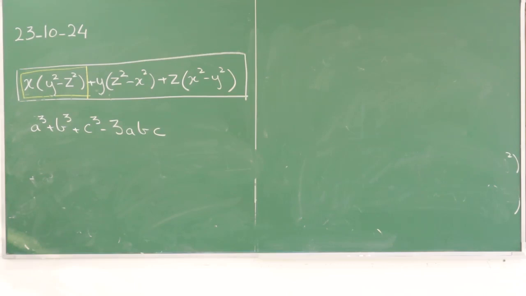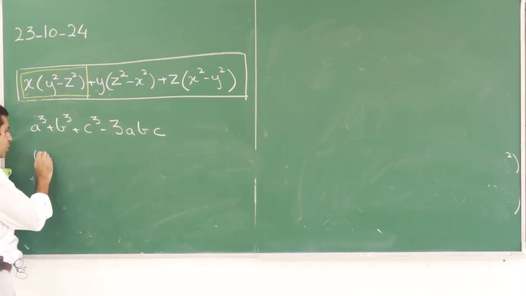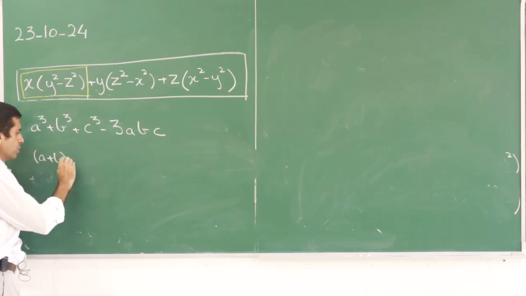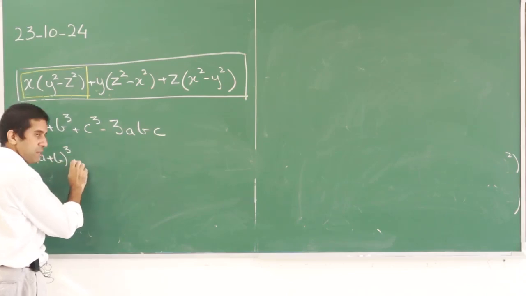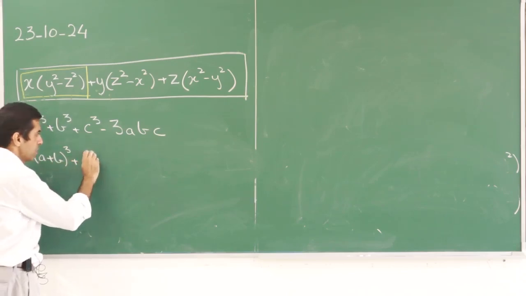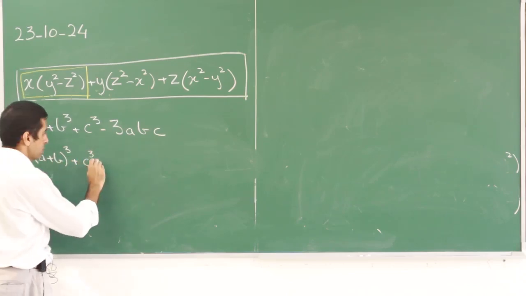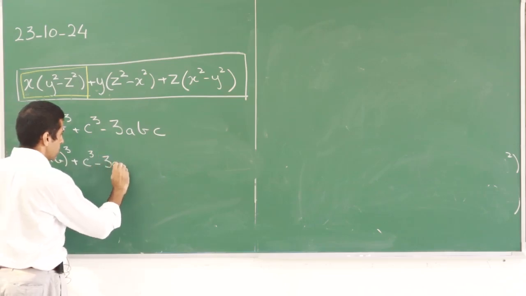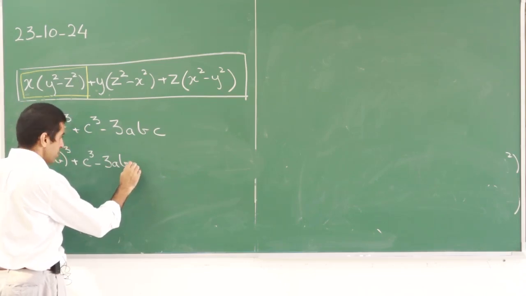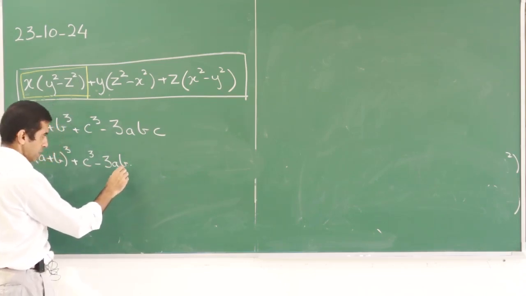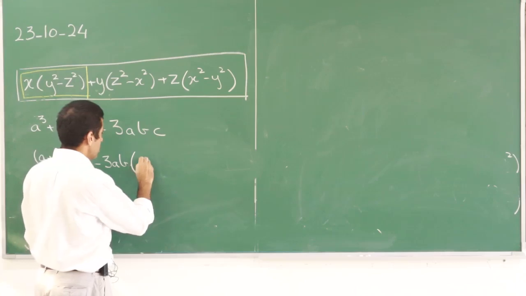a प्लस b का होल क्यूब प्लस c का क्यूब, वो भी a क्यूब प्लस b क्यूब. आप चाहते हैं इसको बनाना है, you want to make it into a plus b whole cubed plus c cube plus c cube, माइनस 3ab इंटू c, हाँ 3abc into c plus a plus b.